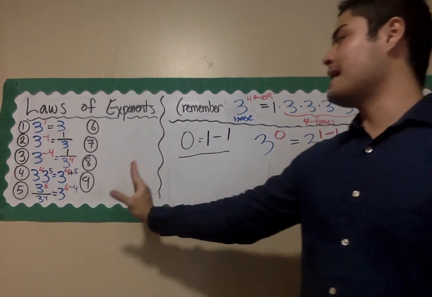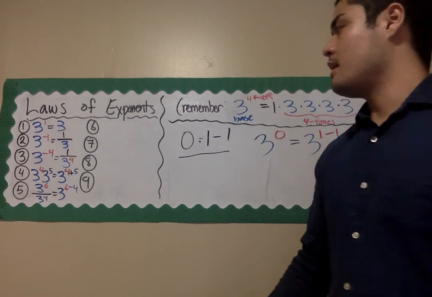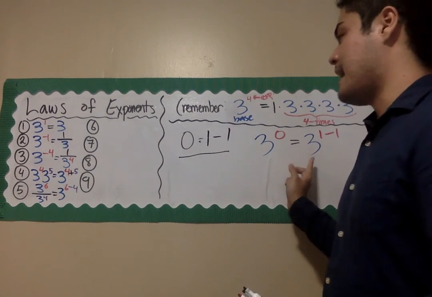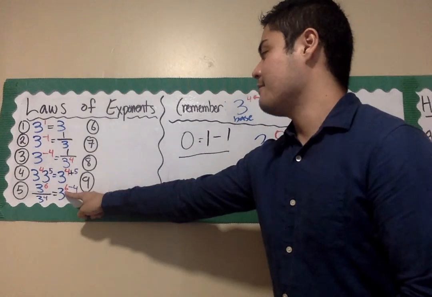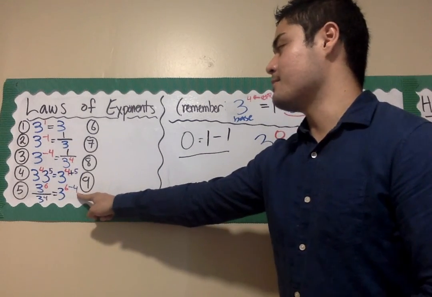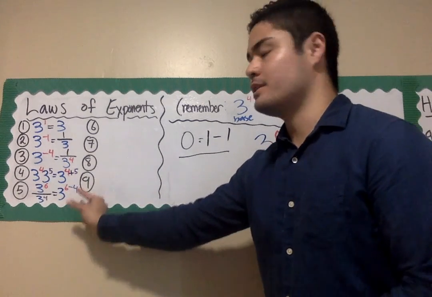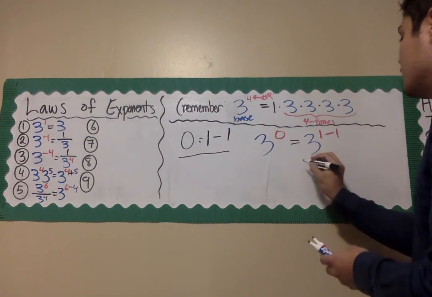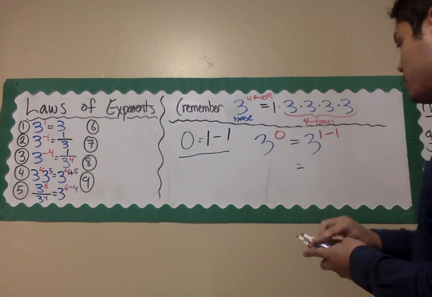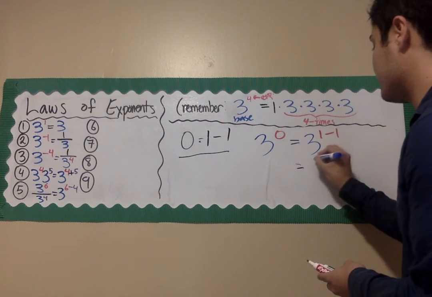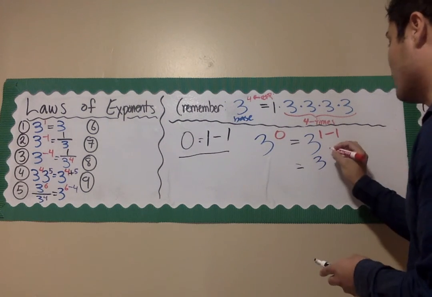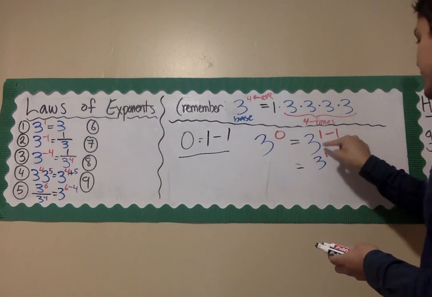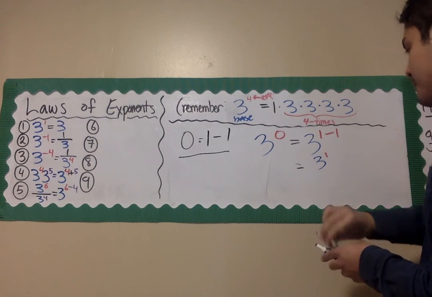Now I'm going to look at my past laws of exponents. I know that if I have an exponent, something minus something, I could put the second exponent to the denominator, which is what I'm going to do. So now this becomes 3 to the power of 1, and this negative 1 here, I'm going to bring it to the bottom.